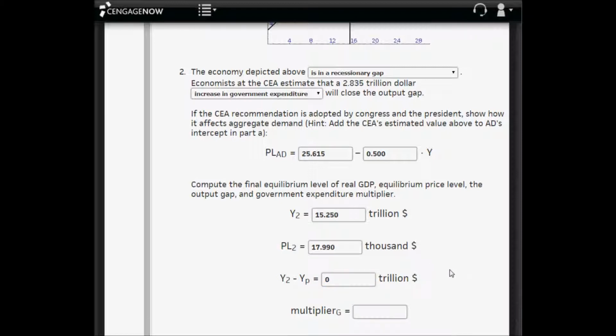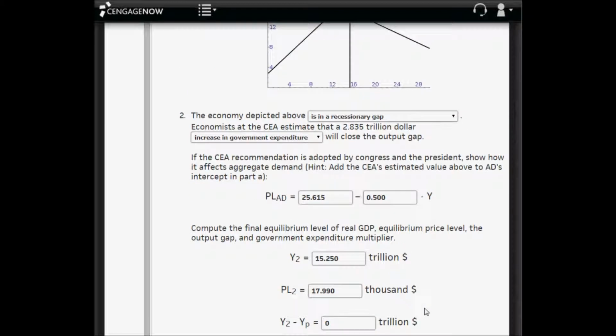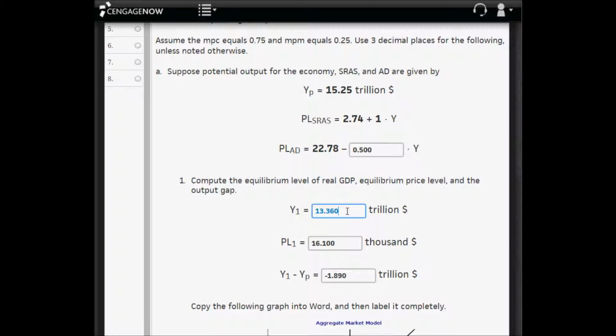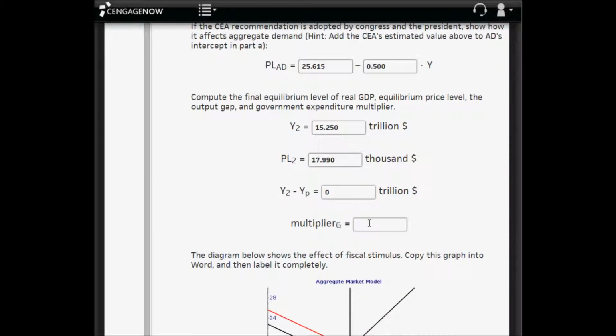Now to get the multiplier, we have to take the ratio of the change in GDP over the change in government spending. So what was GDP? GDP was 13.360. What is GDP now? It's 15.250.